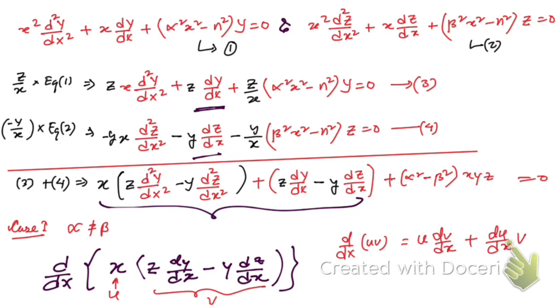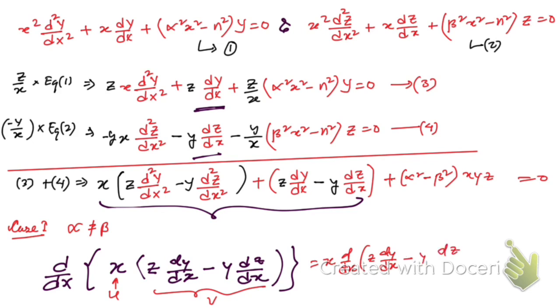So we're going to have x into d/dx of (z dy/dx minus y dz/dx), then plus the derivative of the first function, d/dx of x, which is nothing but 1, into this part: plus d/dx of x into (z dy/dx minus y dz/dx).